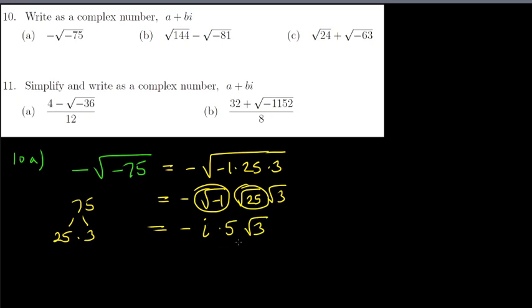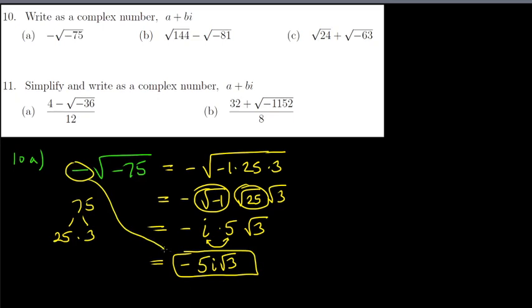We cannot simplify that any further. So I'll just switch the i and the 5 around. This is negative 5i square root of 3. So this negative sign did not go anywhere. It's still negative, but the negative sign on the inside of the square root became an imaginary number.